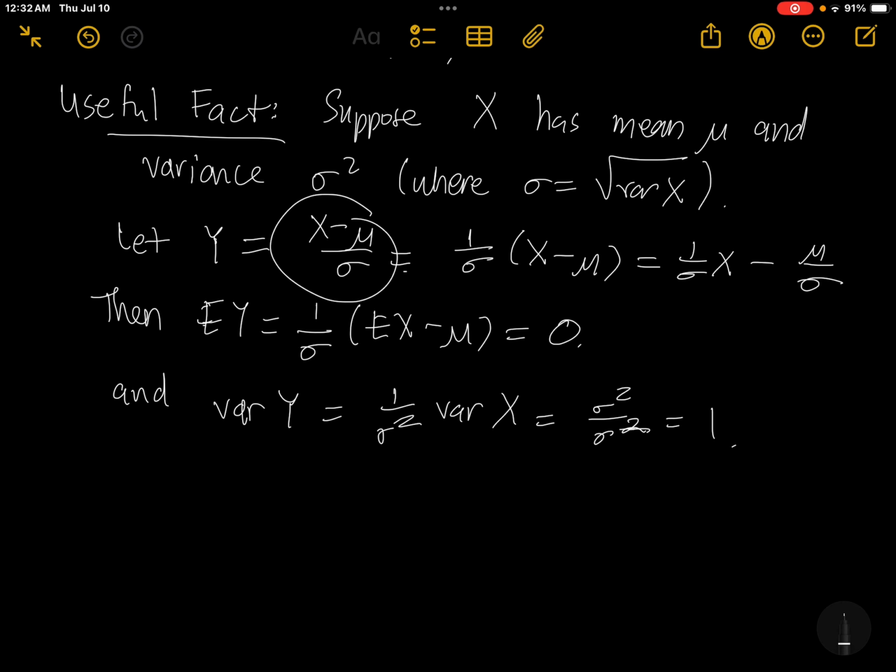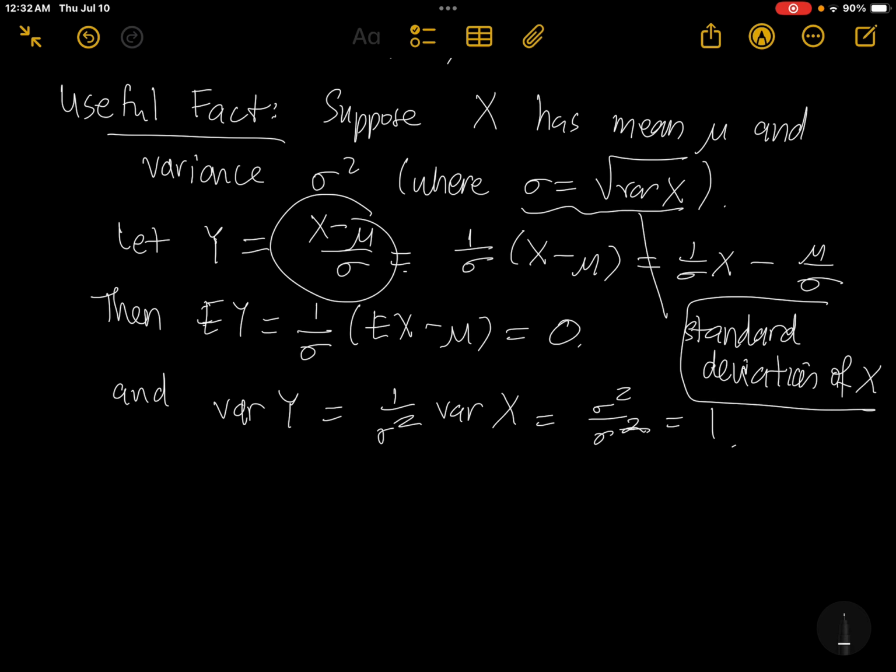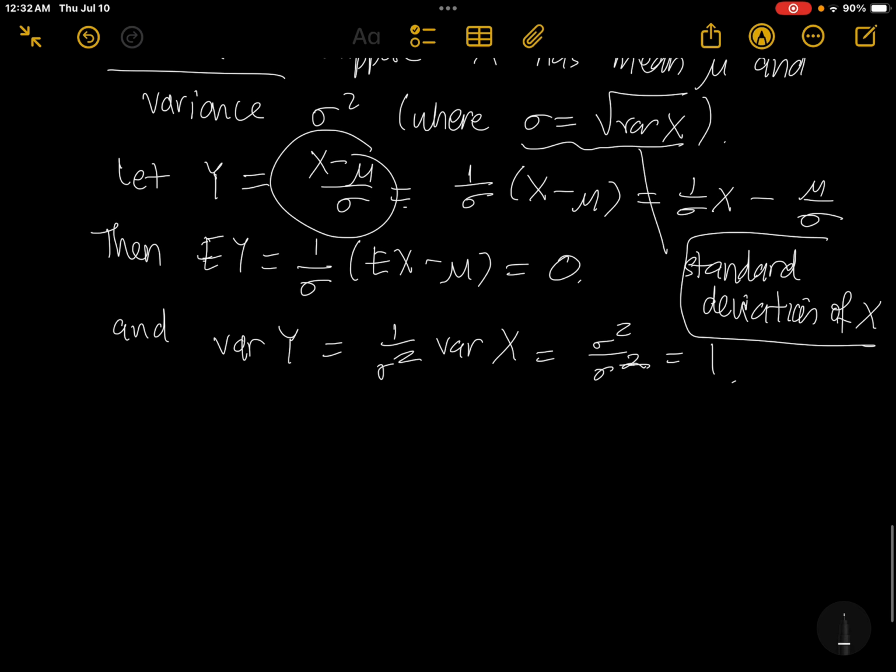By the way, another term for this square root of the variance is called the standard deviation of x. So let's apply this fact to the normal distribution.